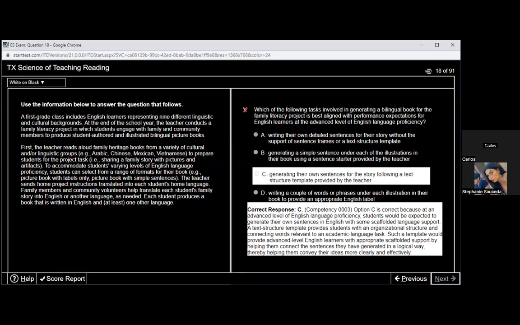And that's where the TEKS really come in handy, right? Because there is a particular order in which we introduce the skills. For instance, when we're doing phonemic awareness, we don't start off with word patterns like CVCC. We start with just VC words, vowel consonant, like it, in, at.